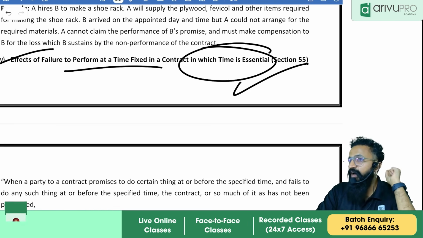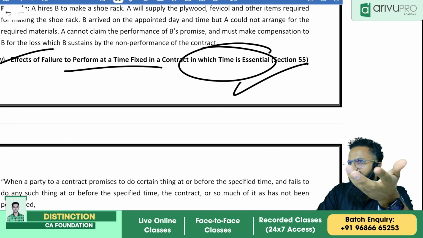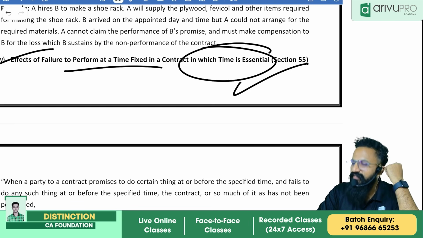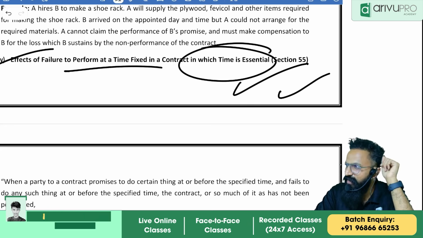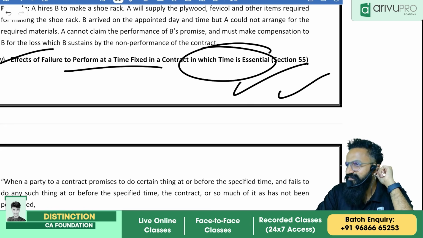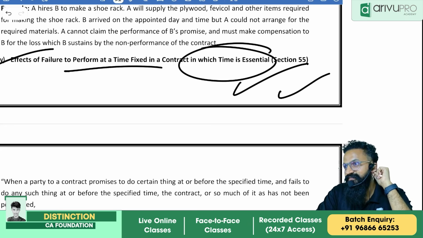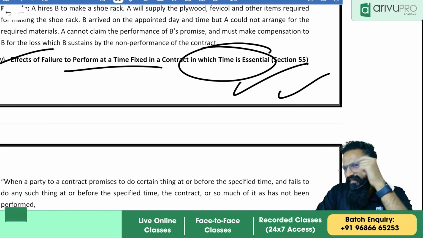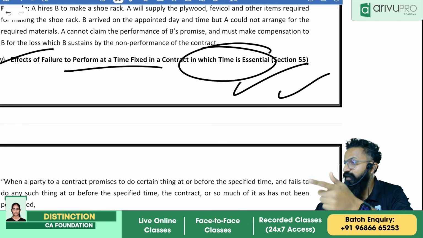Can you guys tell me what type of compensation that is called? You cannot cancel the contract. Nominal. Very good. Nominal damages. Can you tell me the definition of nominal damages? It is proven that a breach of contract is done, but not proven that losses are done.